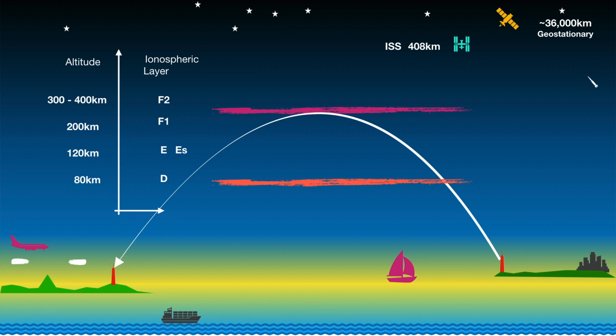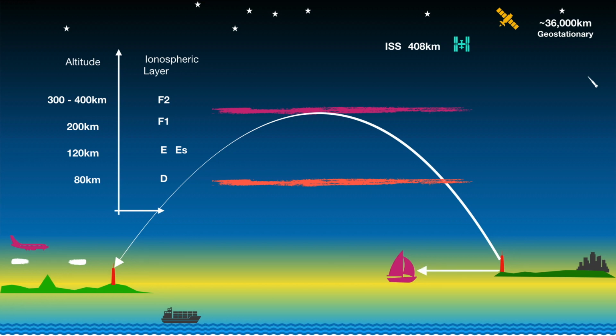These are the ones above the 3 to 4 megahertz mentioned before, and they are refracted off the F2 layer, making long distance communication possible. So the communication station on the right is able to communicate with a station on the left over great distances.